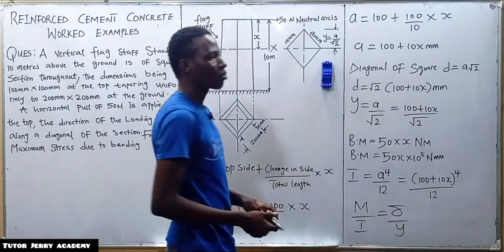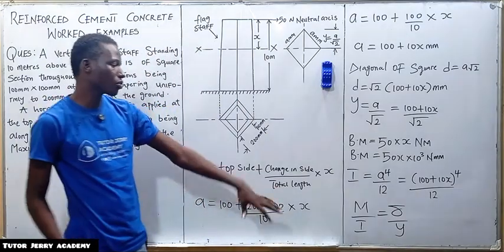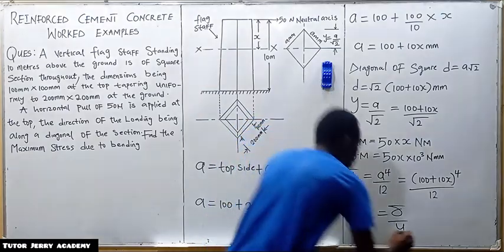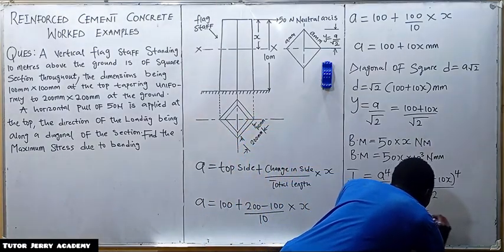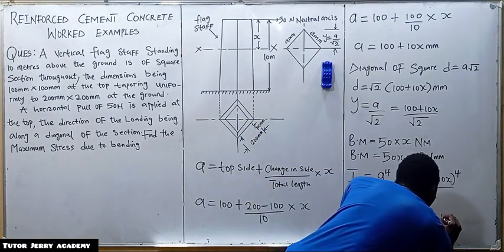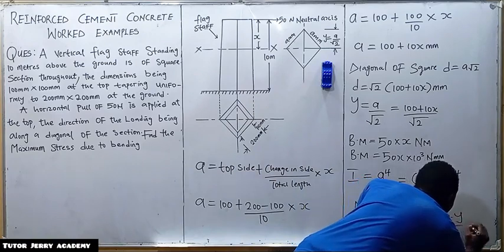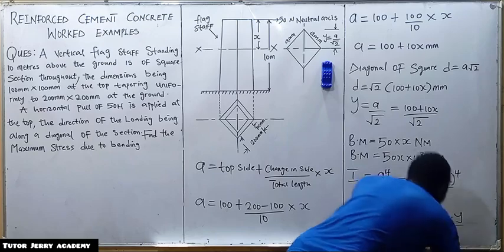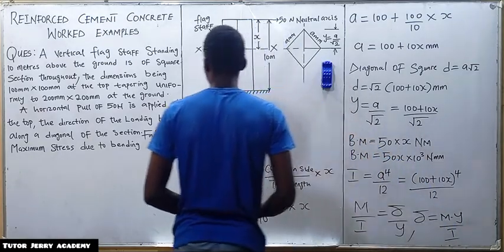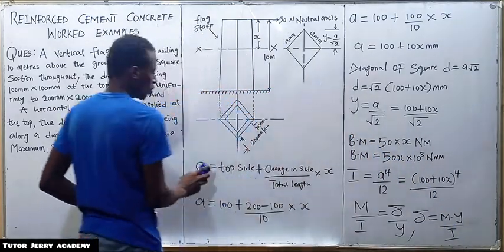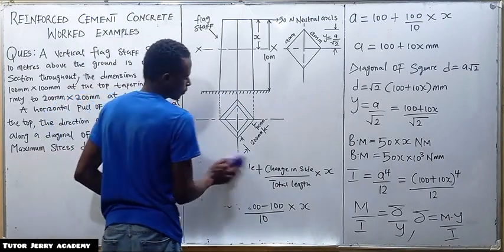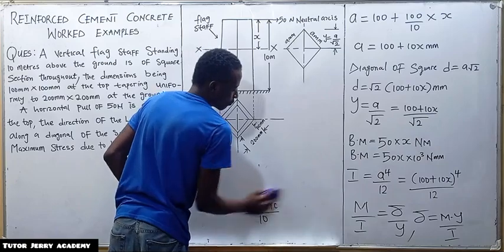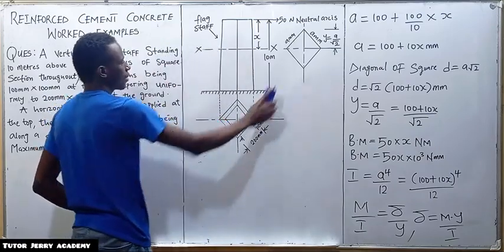Here we can make sigma the subject, so sigma will be equal to M times y all over I. So we can now solve properly. This is where we are going to substitute and start solving.